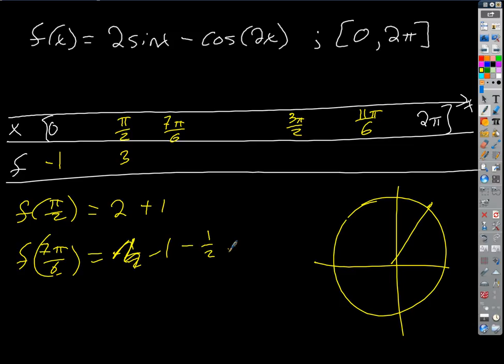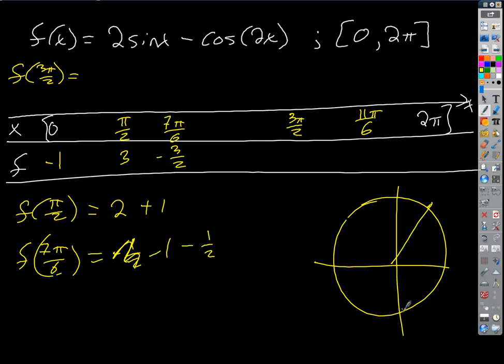No, we did that, it's inside times 2, right? So we're negative 1 minus 1/2 is negative 3 halves. Okay, what about 3 halves pi? So f of 3 halves pi, 2 times, well, what's the sine of 3 halves pi?